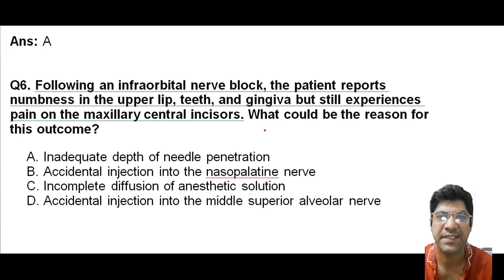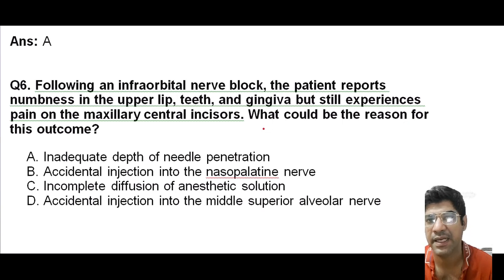If the needle accidentally injects the anesthetic solution into the middle superior alveolar nerve, that could lead to numbness in the upper lip. That is the area supplied by the infraorbital nerve.